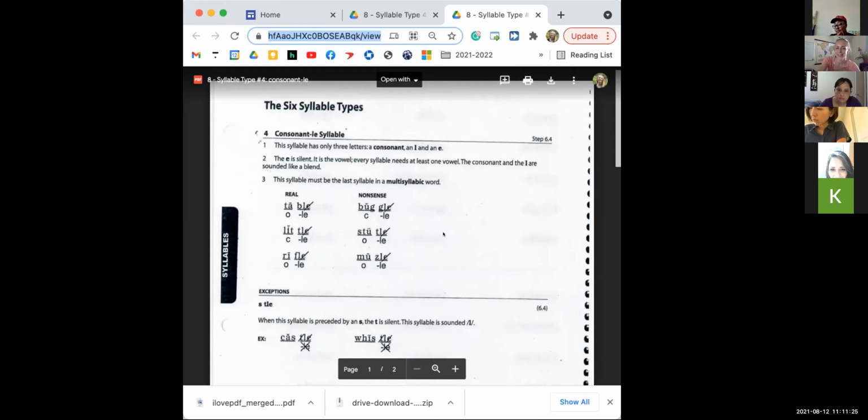I'm not going to say never, because there's always an exception. But when you see the E, you have to be careful. You have to take the extra step to review these syllable types and the rules of pronunciation. I can't recall any word that ends with the E having a sound.